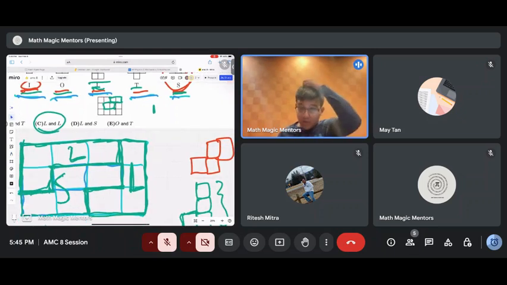This is a good way to check our work actually, because if we find two different configurations and they give us the same two other tiles that need to be filled in, we are confident that this is the right answer, right? Because the AMC only wants us to choose one answer, and if we get two different configurations and they both lead us to one answer, we know that this is the right answer.